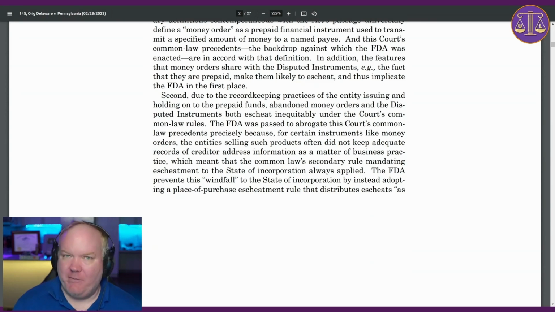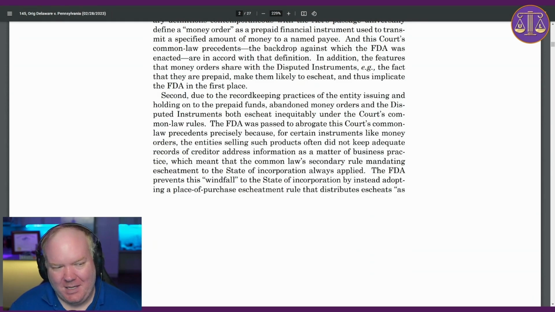So this was the reality before, as it is the reality now. MoneyGram doesn't keep records. Neither did anyone else. They don't keep these records as a matter of their business practice. So Delaware always got all the money because all the businesses are incorporated in Delaware. And Congress thought that was a little unfair.